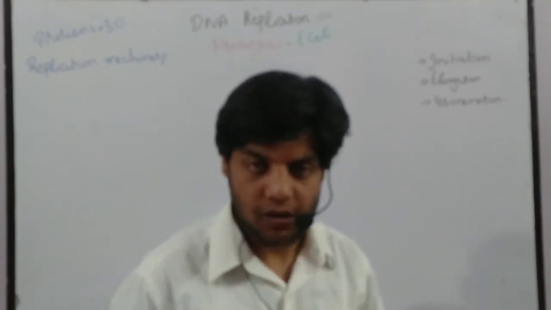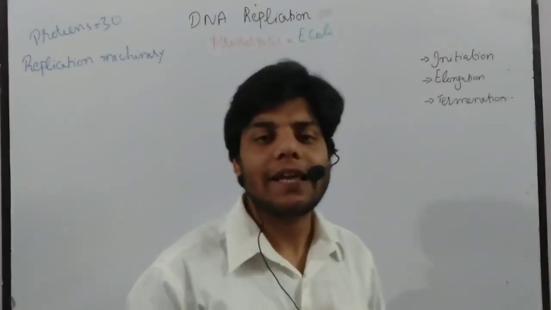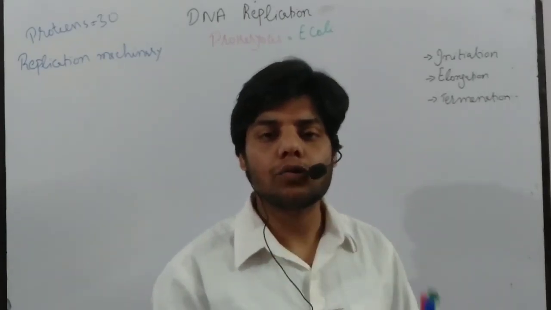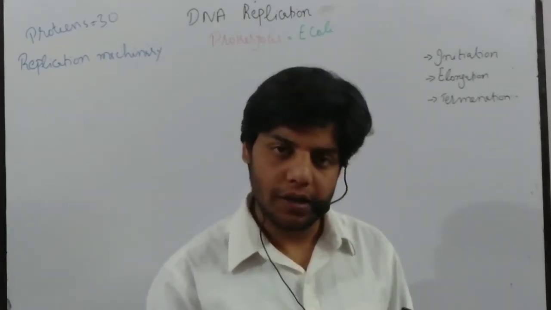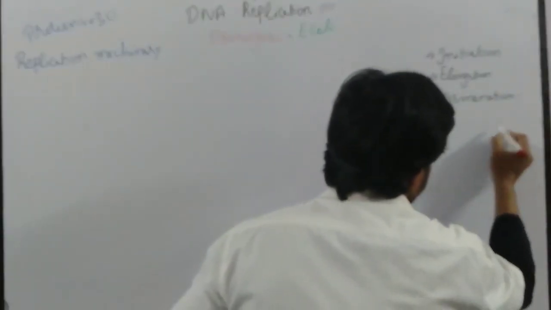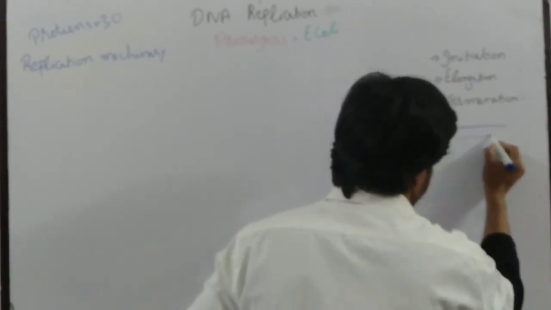First of all, let me explain what DNA replication actually is. DNA replication is the process in which a DNA molecule produces 2 copies, 2 daughter DNA. Suppose we have this strand of DNA.